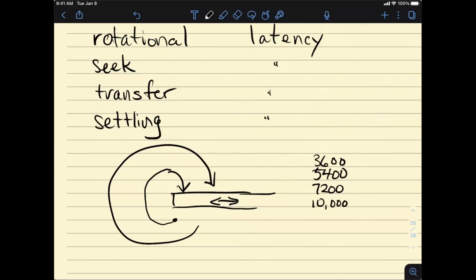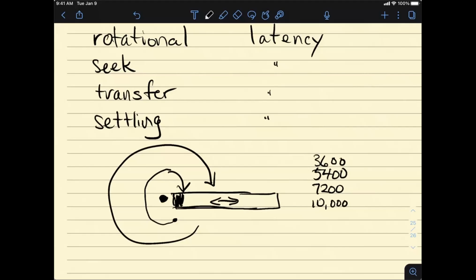The second type of latency is seek latency, and that comes about because of the movement of the heads from track to track, in and out. So here's the spindle; the head, which is the read and write mechanism, has to travel from the inner cylinders to the outer cylinders and back again.